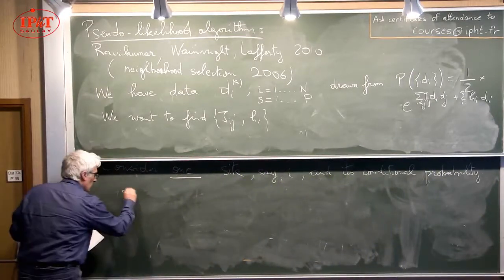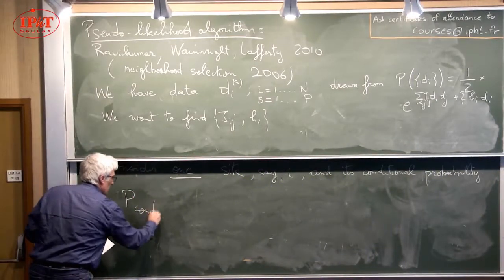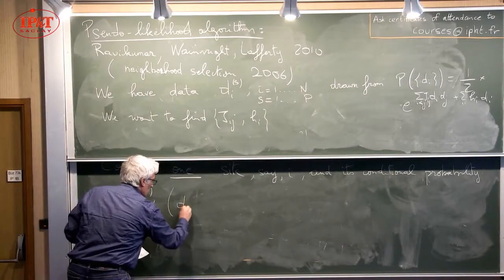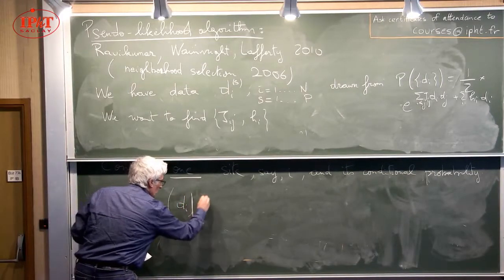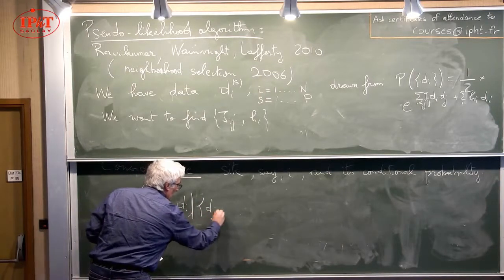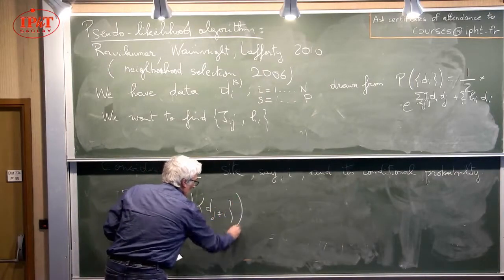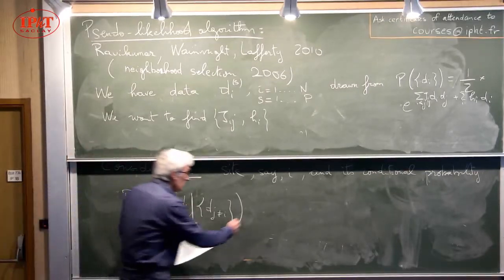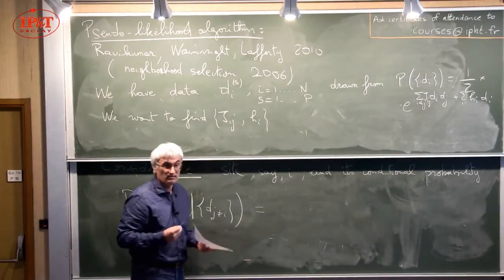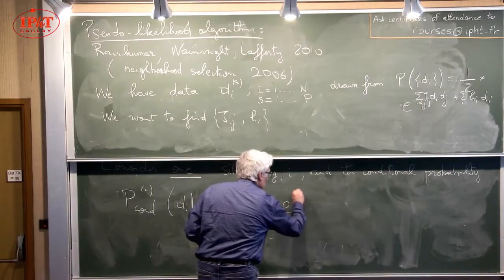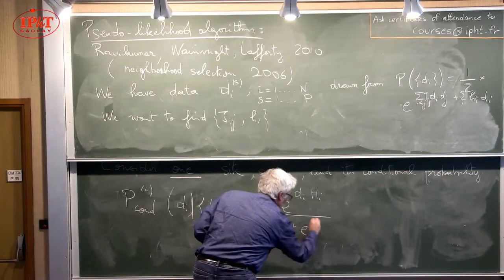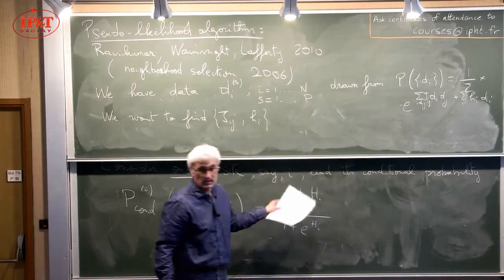The conditional probability for spin number i is very simple to express. If I call it d_i again, this is conditioned to all the other values of the other variables. And since I have a single spin problem, a two-level system, it will depend only on some effective field. So it's e^(d_i h_i) over 1 plus e^(h_i), where h_i depends on the other spins, right?